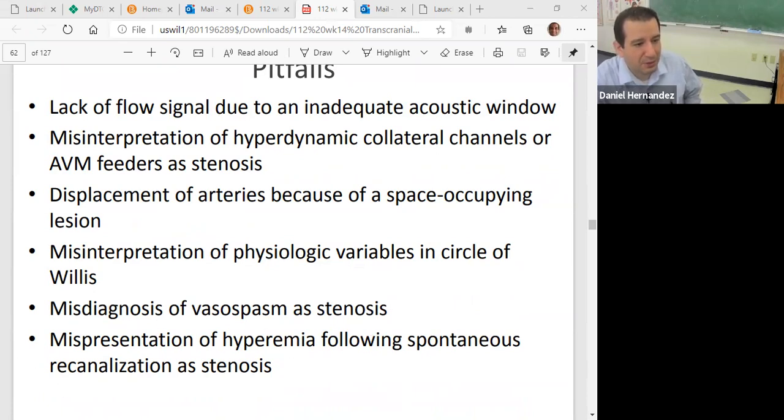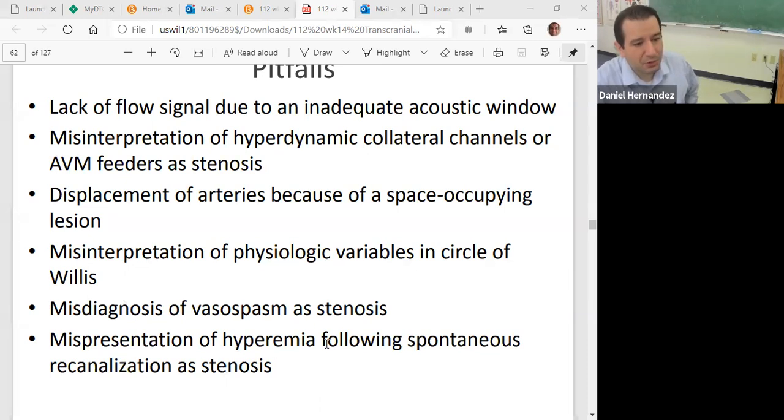So if we have a stenosis that all of a sudden recanalizes, that area of the brain that was ischemic is now going to demonstrate hyperemia or increased blood flow, because the brain's going to all of a sudden try and get blood flow back to that area of tissue that was ischemic for that portion of time. So that's going to increase velocities and create a false sense of area of stenosis.